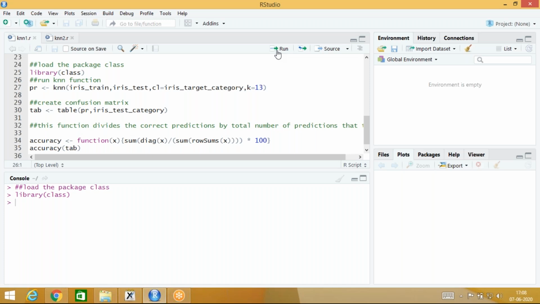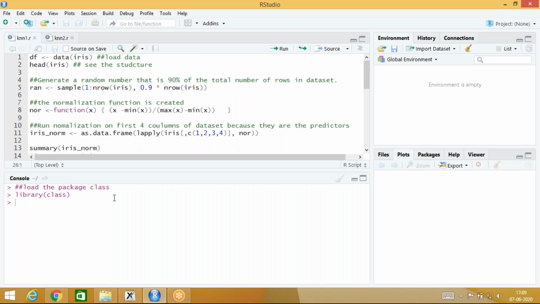First of all, check the data set. It's the classic Iris data set which we use.